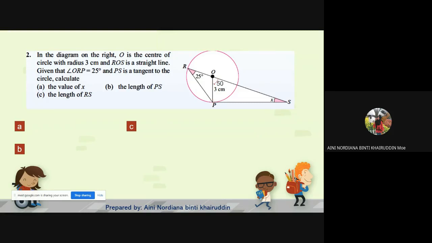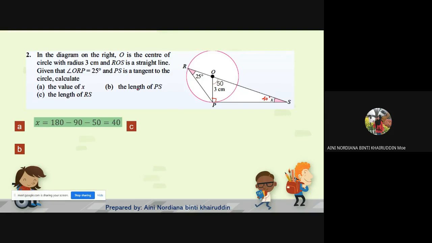So angle here is twice angle at circumference. Ni you dah belajar from the previous class. So here angle 90 degree. You know this is 90 degree. So X equals to 180 minus 90 minus 50, which is 40 degree.